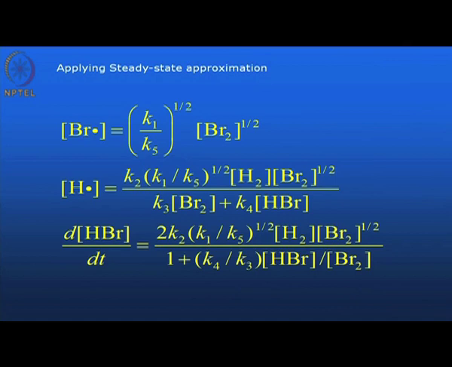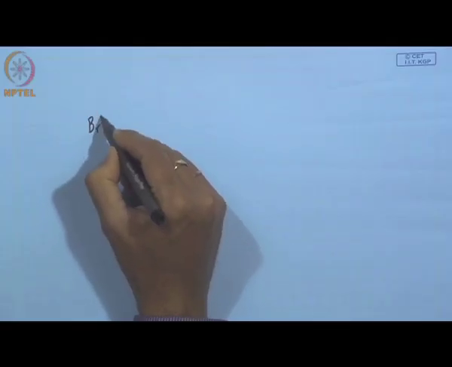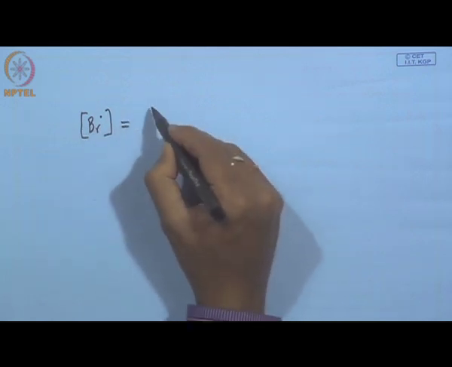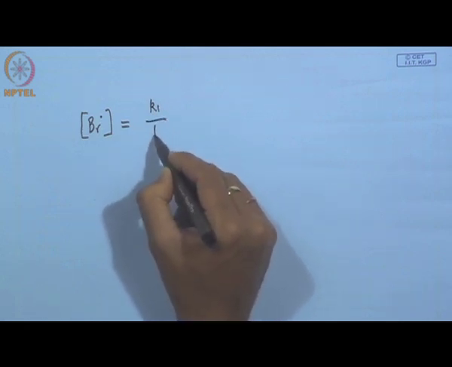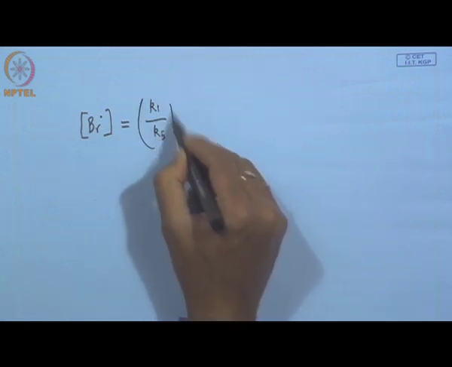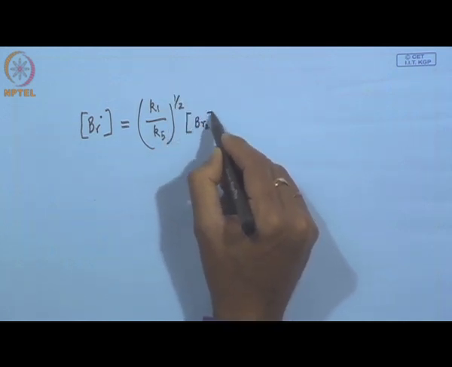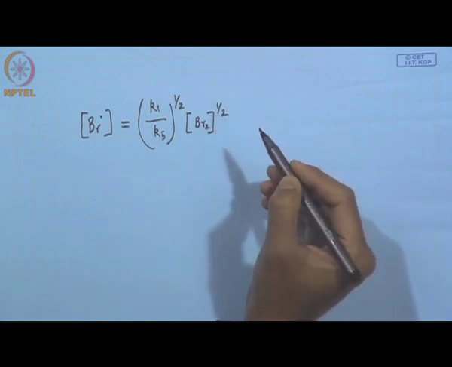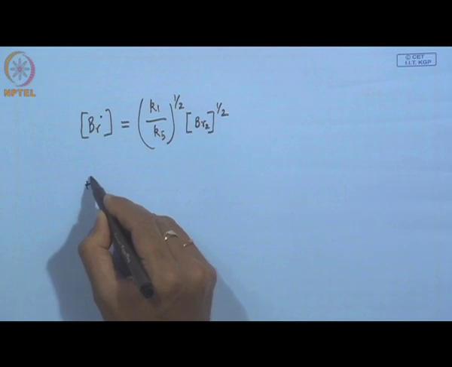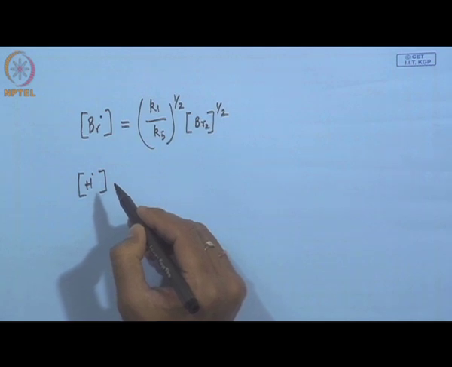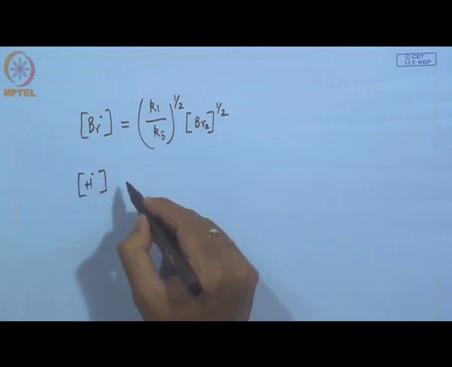So, after the steady state approximation is applied, we can find directly that the concentration of Br• will be (k1/k5) to the power half into [Br2] to the power half. H• will be a little complicated because it involves many steps, but Br• is a simple one.